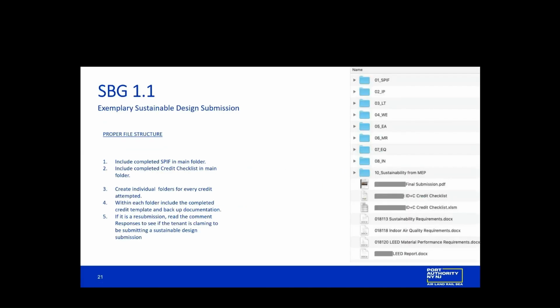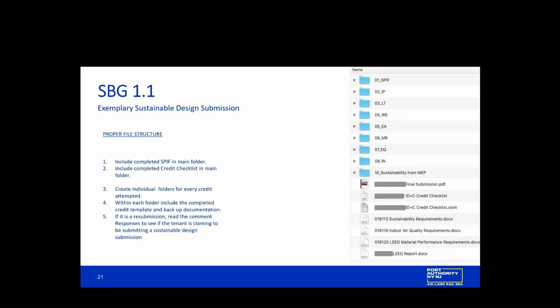This is an example of the proper folder structure that we would be looking for. For your submission, we would ask you to include a completed SPIF form in the main folder, and then include the completed credit checklist in the main folder, and then create individual folders for each credit category.